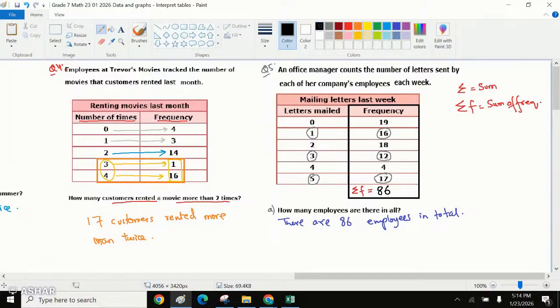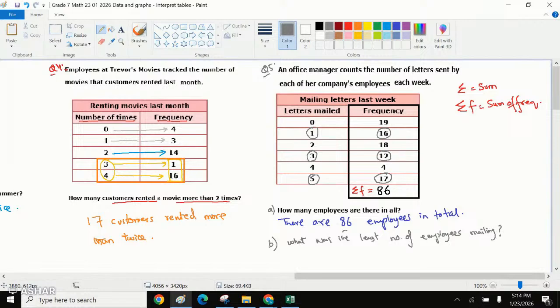If I would add another question to it, what was the least number of employees mailing?